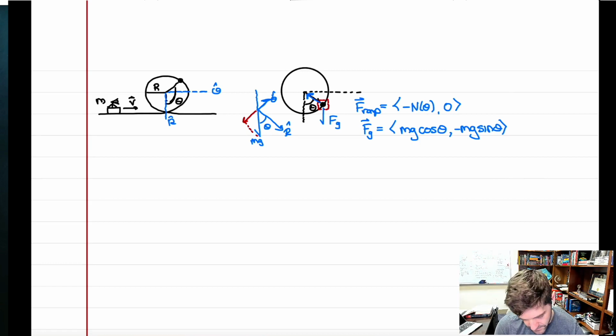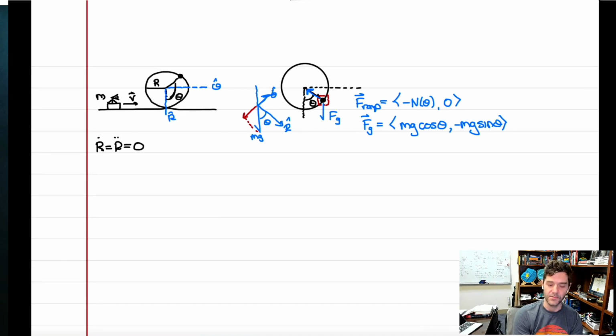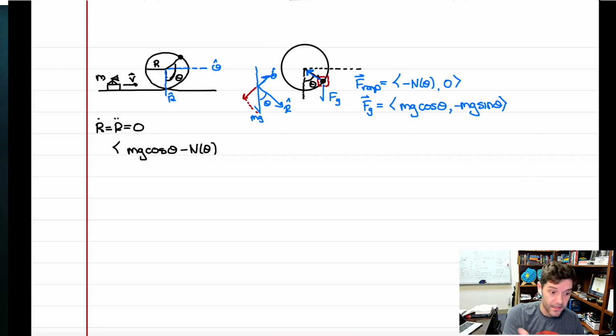All right. And we know also that we're constrained to move on a circle, so I expect these two derivatives to vanish. So then F net equals ma. The radial component looks like there's going to be an mg cosine theta minus N, which itself is a function of theta, theta being a function of time.